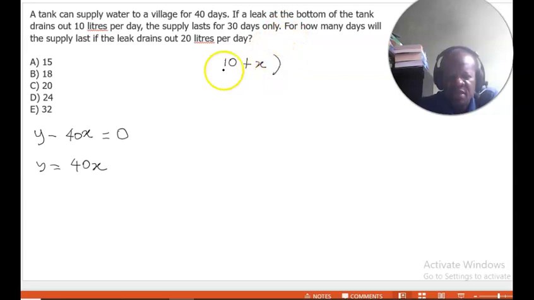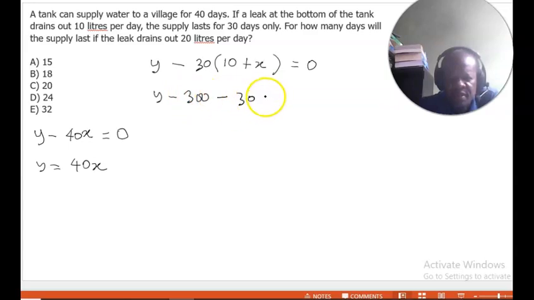So the amount of water lost in 30 days, if you subtract that from the volume of the tank, will give you 0 since it will last 30 days. So this becomes y minus 300 minus 30x equals 0.